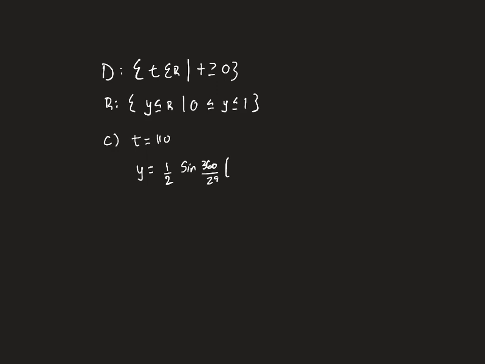Now instead of the t, you're going to put the 110. You can use either of the equations, the first one or the second one. I'm going to use the first one. Plug that into your calculators, and you should get that it's approximately 0.37.